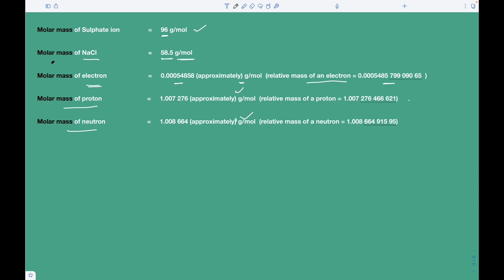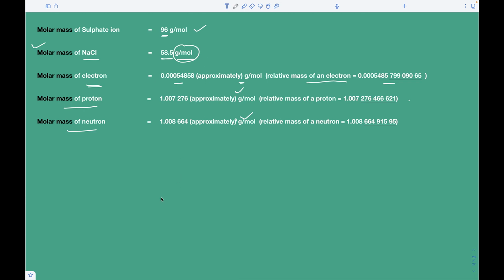Now pay attention to this important point. That is, the unit of molar mass is always gram per mole. It is never gram. That is why I kept on saying that it is mass per 1 mole, not mass of 1 mole. For me, mass of 1 mole must be expressed in units of mass, that is in grams. But the unit of molar mass is gram per mole.